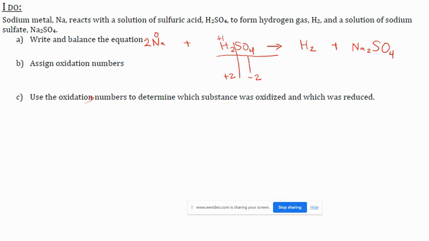So I'm going to split this guy out now. I know that the whole thing has to be a -2. Oxygen is always -2. -2 times 4 is -8. Okay. Overall charge is a -2. So what does the sulfur have to be? 6.